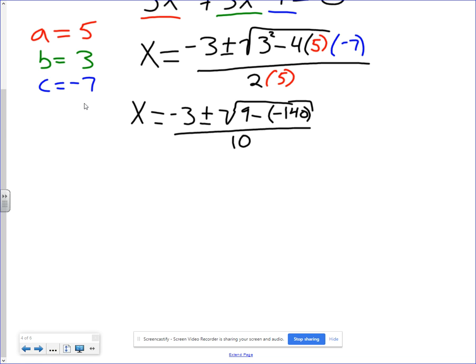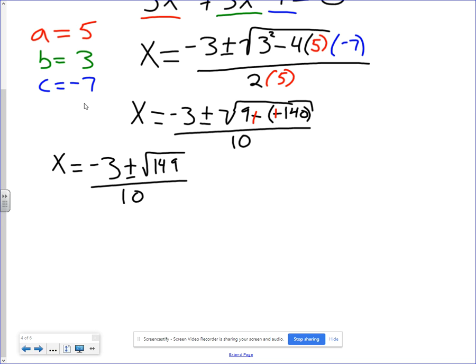So now we'll simplify under the square root again. We know that when we subtract a negative, we add a positive. So then we get that x is equal to -3 plus or minus the square root of 149 over 10.